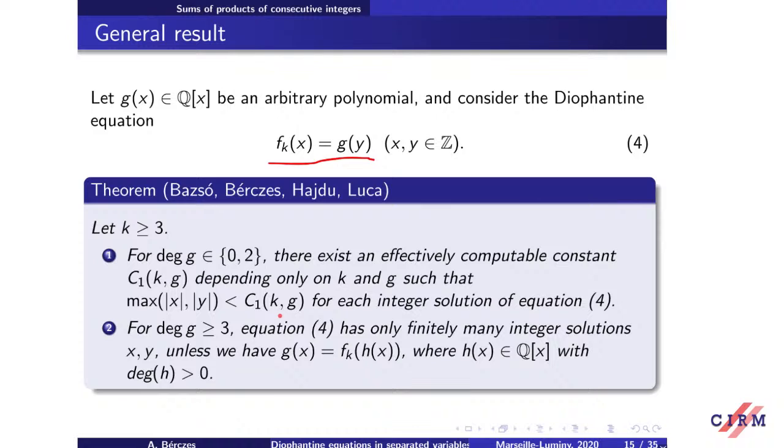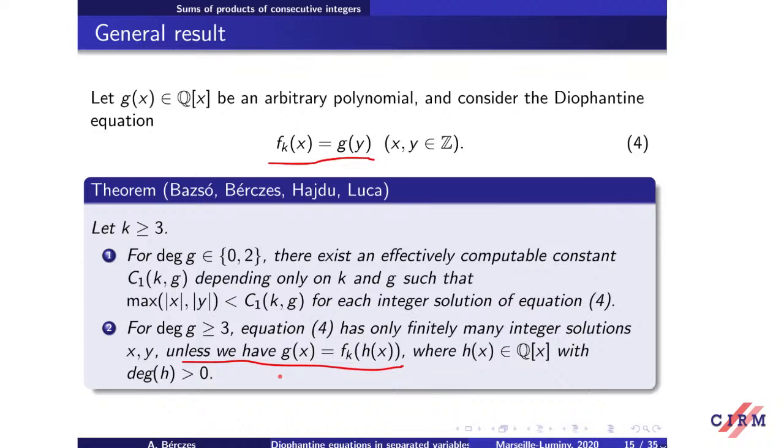So we can prove an effective finiteness theorem in this case. Whenever the degree of g is larger or equal to 3, then we can prove that equation 4 has only finitely many integer solutions, unless we have g of x equals f_k of h of x. Clearly, in this case, there will be infinitely many solutions.